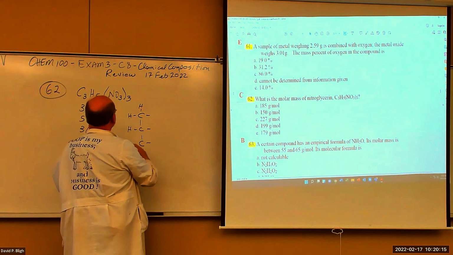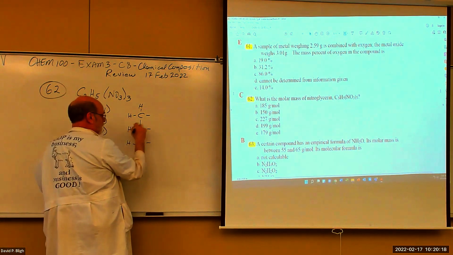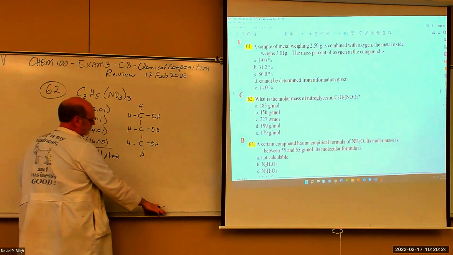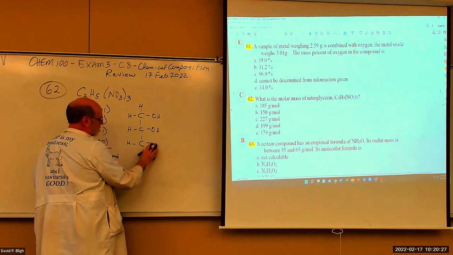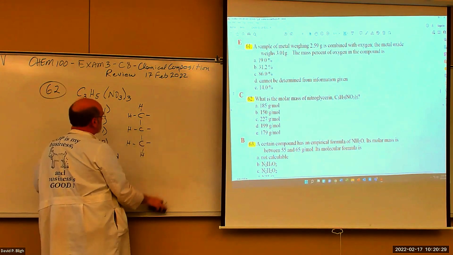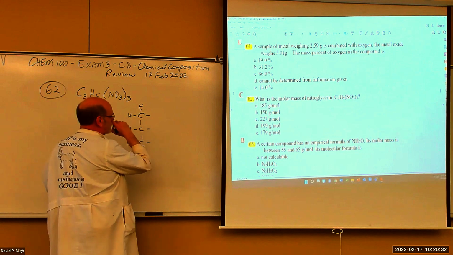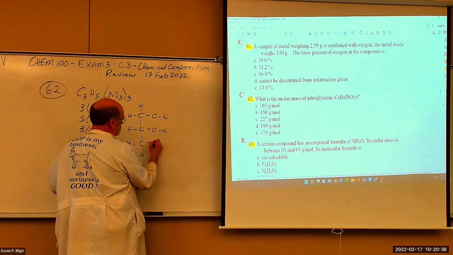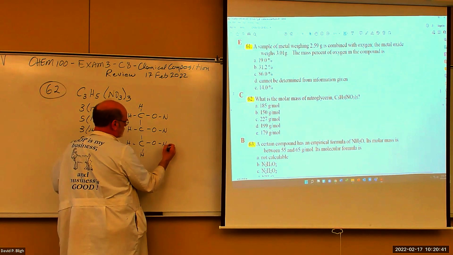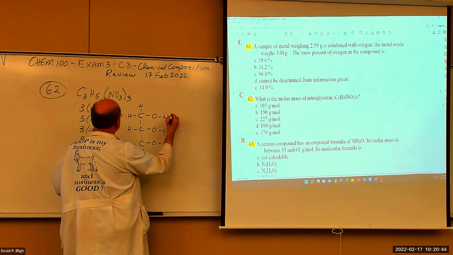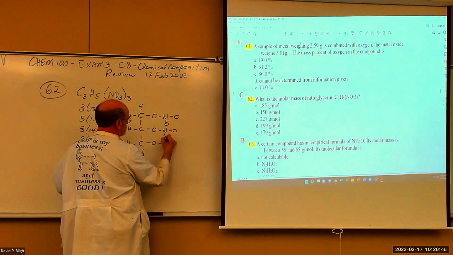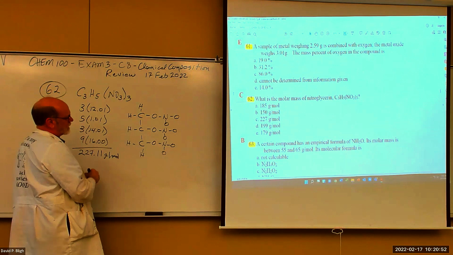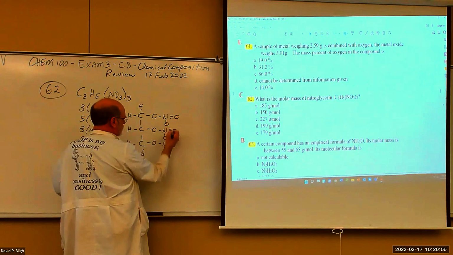And then out here, it has hydroxyls, like that. But when you attach nitrogen to it, it goes oxygen, nitrogen. And then I think maybe like this.